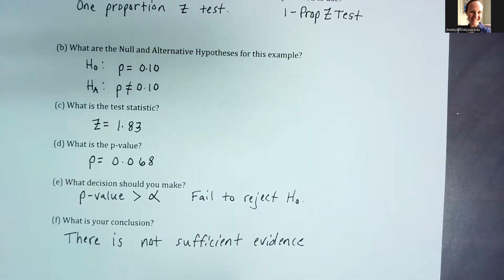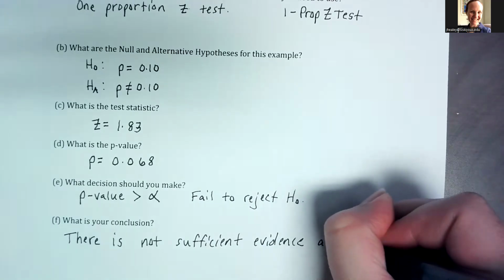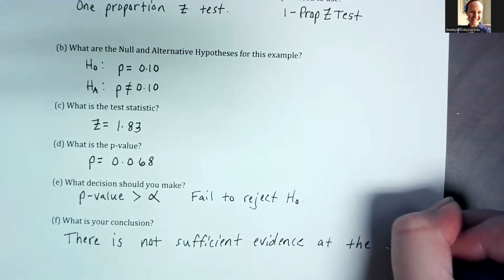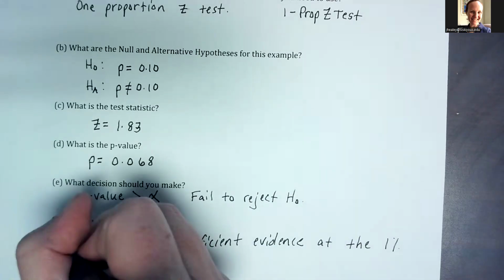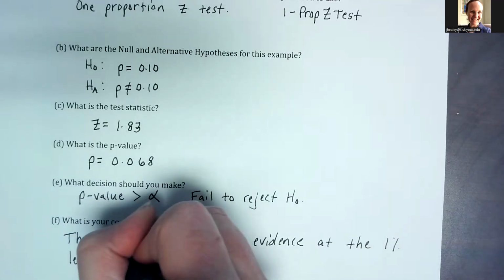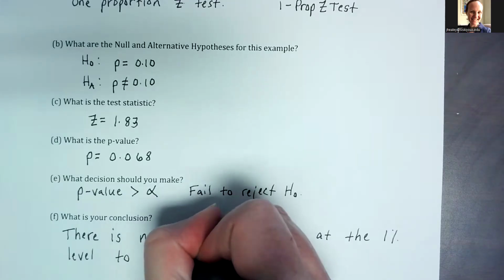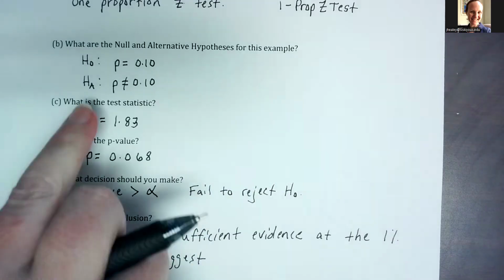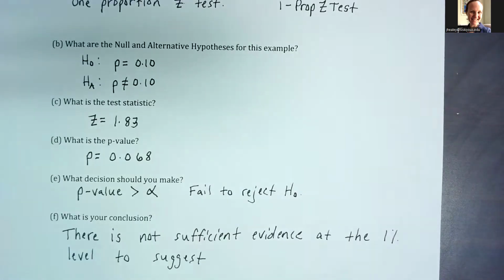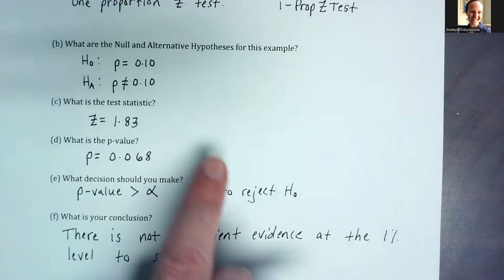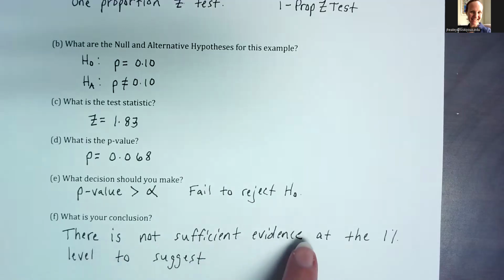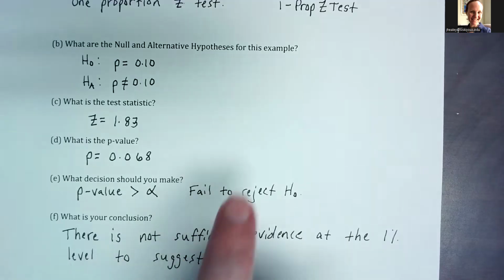But I'm going to say there is not sufficient evidence at the 1% level to suggest this alternative hypothesis. So we always look at the alternative hypothesis whether we accept or reject.